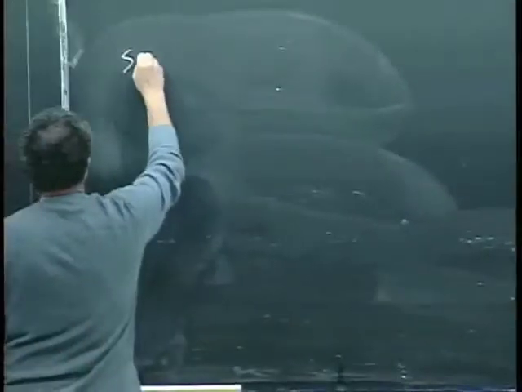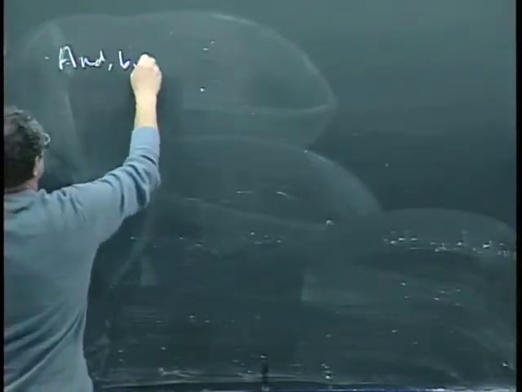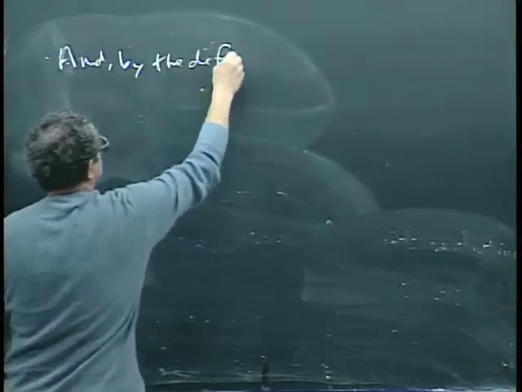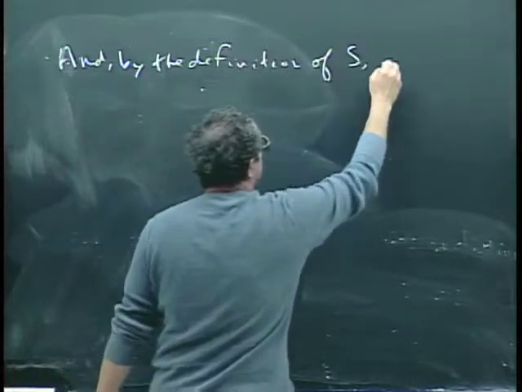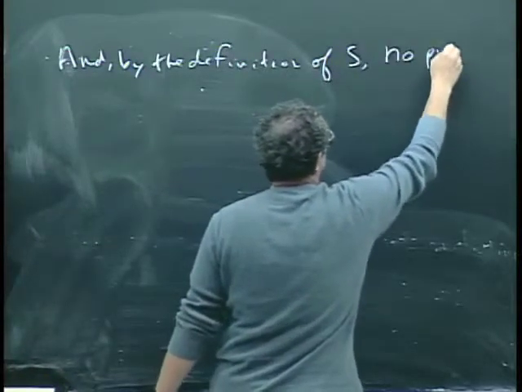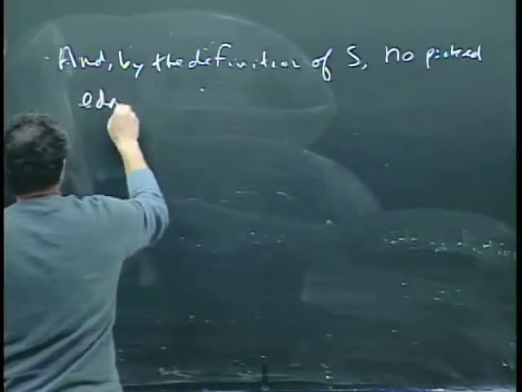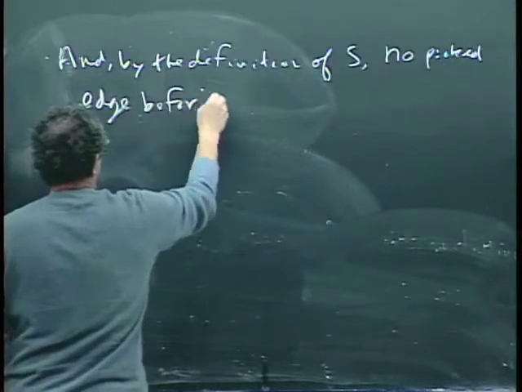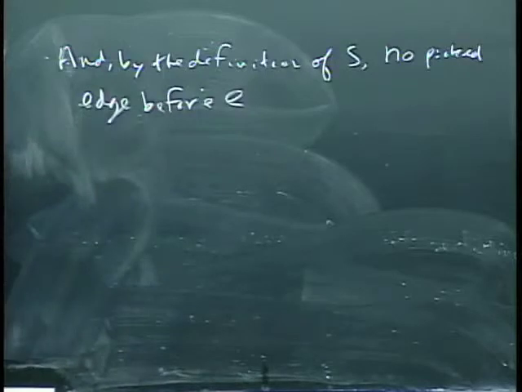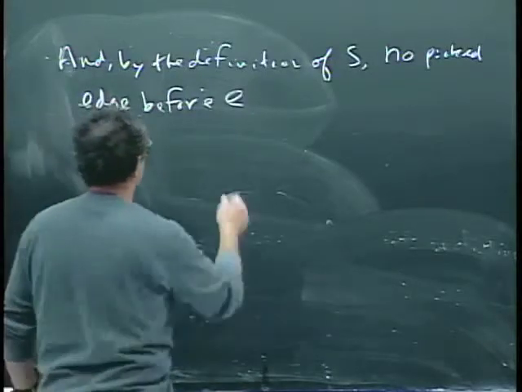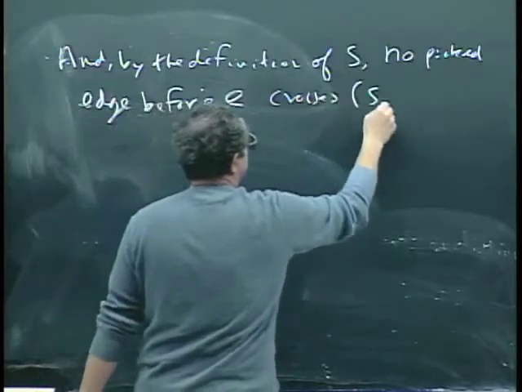So I should say, by the definition of S, no picked edge before E crosses from S to V minus S. I'm really running out of good-sized chalk pieces.